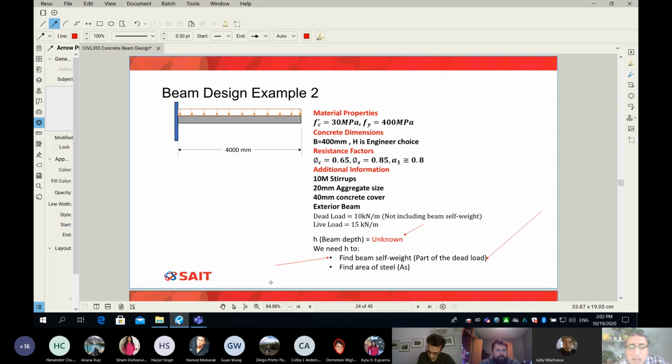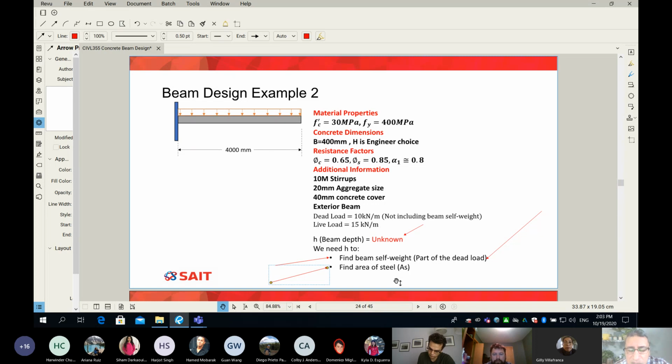Next, the area of steel requires your H or your D. Remember, guys, you can build several versions of the beam with different heights. Whenever we change the height of the beam, what do you think happens to the area of steel? It will change.